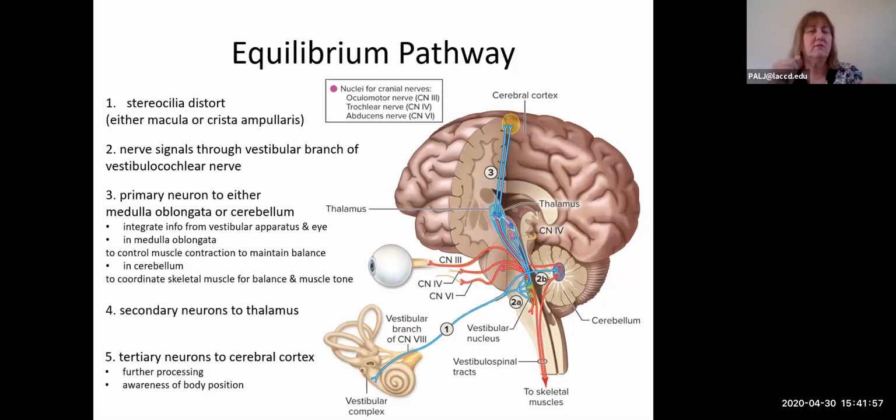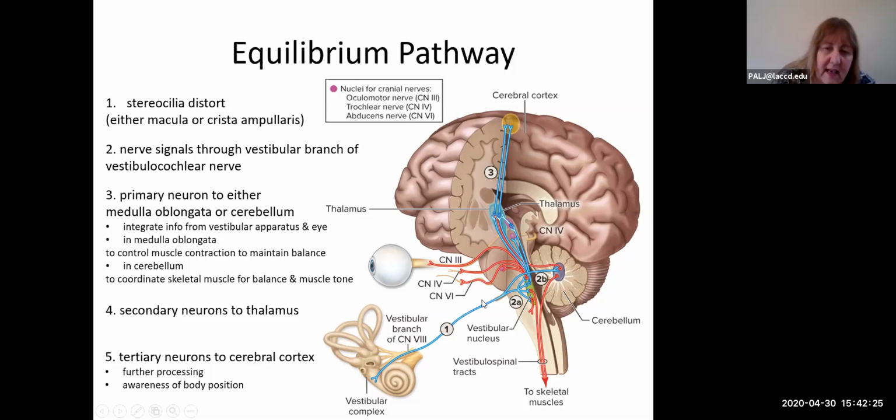I know we've seen it going towards the medulla oblongata. It may go to the medulla oblongata, where it will integrate information from the vestibular apparatus as well as the eye. Okay, is what needs to happen. So in the medulla oblongata, that integration controls the muscle contraction to maintain your balance.